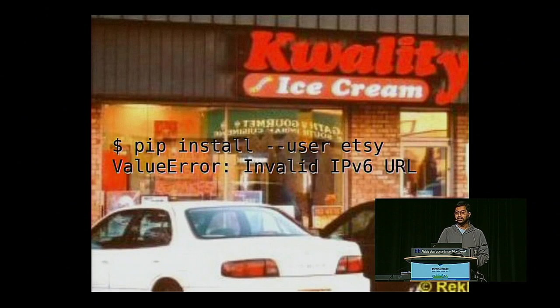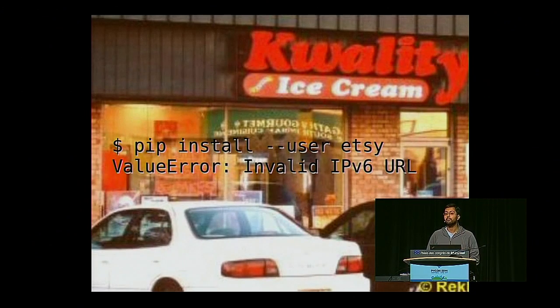And the square bracket means that pip, not knowing what to do, will look through the README for links, hoping that it can find a place to download the source code from. And it'll follow one of these links, and it has a square bracket. So it's like, oh, this is definitely an IP version 6 URL. And then it's not an IP version 6 URL, and then pip exits.